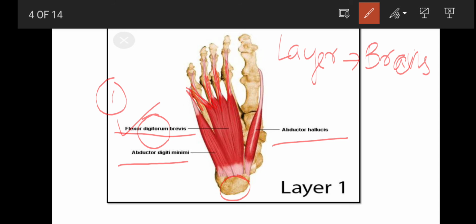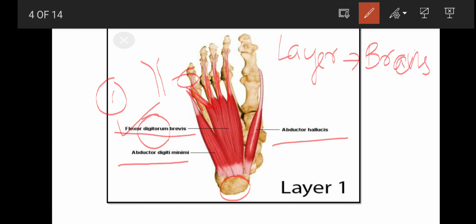You can also find that each tendon divides into 2 slips, and it attaches to the middle phalanx region. So up to the middle phalanx you can find this. Now that is the first muscle.